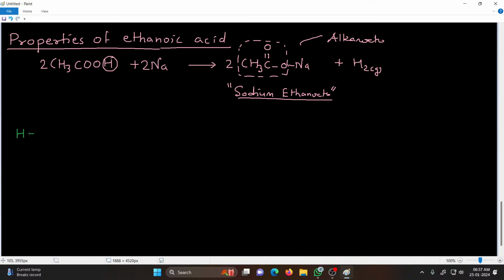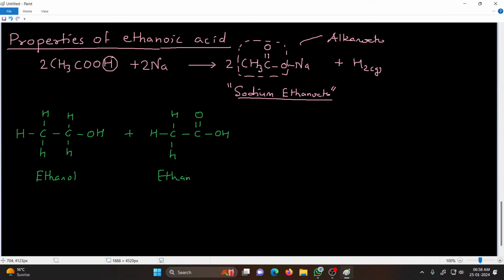So if we have an alcohol like CH3CH2OH, this is nothing but the alcohol ethanol, reacted with an organic acid like ethanoic acid, CH3COOH. So this is ethanoic acid.